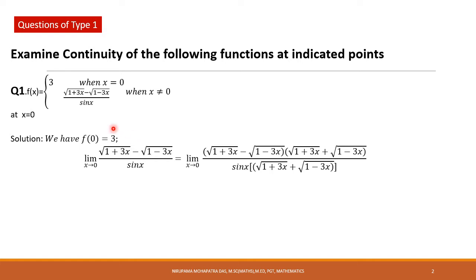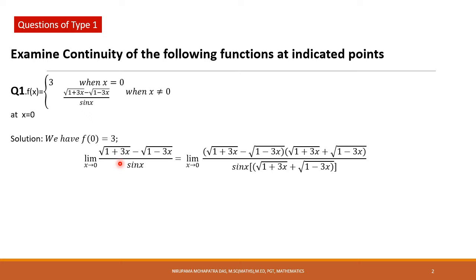Then next, the limit of the function when x approaches 0. So limit x approaches 0 f(x) equals limit x approaches 0 under root 1 plus 3x minus under root 1 minus 3x by sin x.